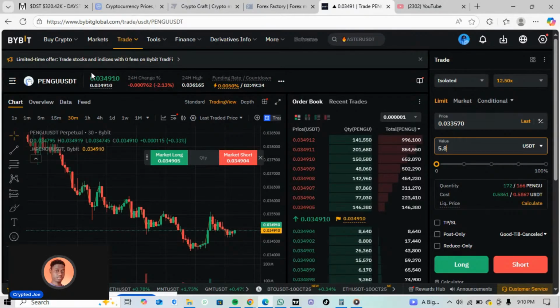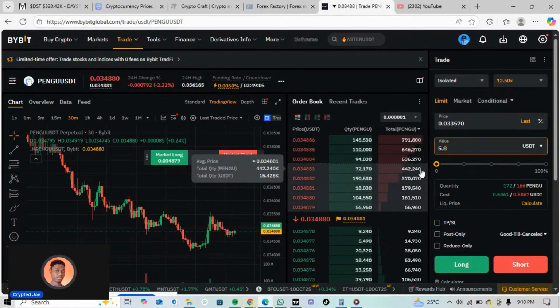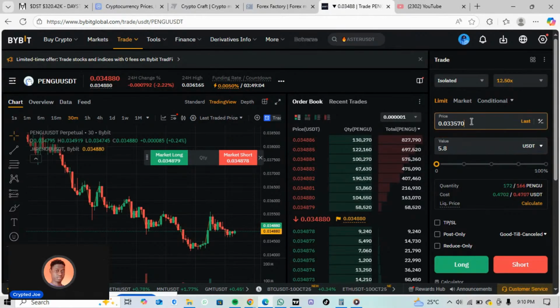Like this Pengu USDT, maybe I didn't check very well, I just pick another one that looks the same price like this, and I place entries, other values, stop loss, and all that, and I start waiting for it to come to that price. But since it's not the same coin as my analysis, it might not trigger. And most of the time, it comes as a result of entering the wrong entry digits.